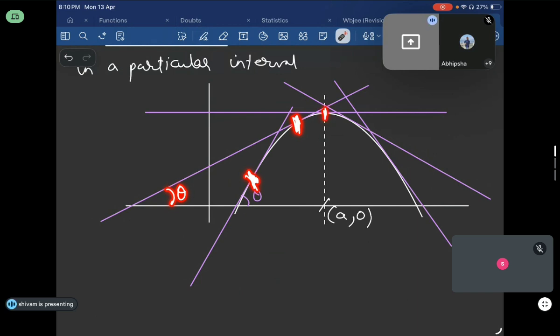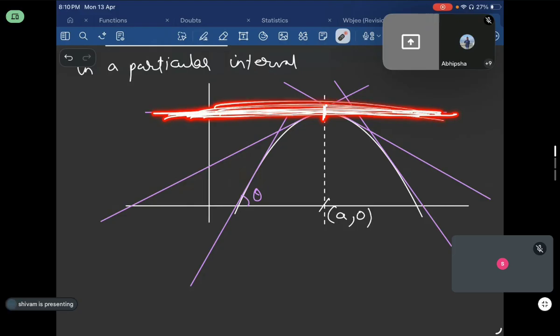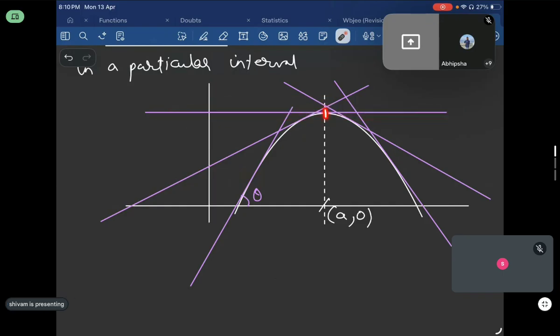Next, at this point, at the peak point, what is dy by dx? What is the angle it creates with the x-axis? These two lines are parallel, right? So the angle is 0, tan theta is 0. So at a peak point, you are going to get 0.